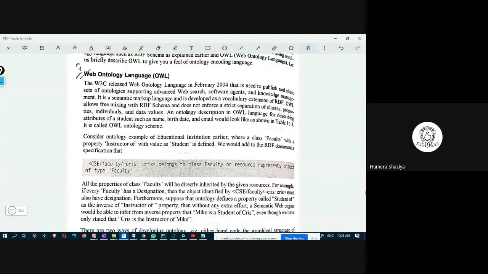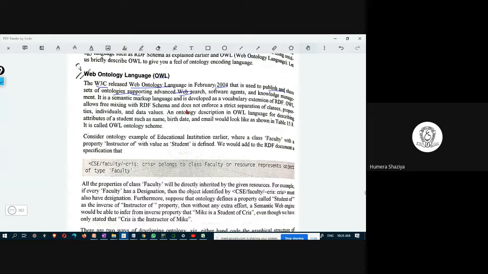This Web Ontology Language was released by the W3C, World Wide Web Consortium, in 2004. See, in 2004, this was released, which was used to publish and share ontologies supporting advanced web search.